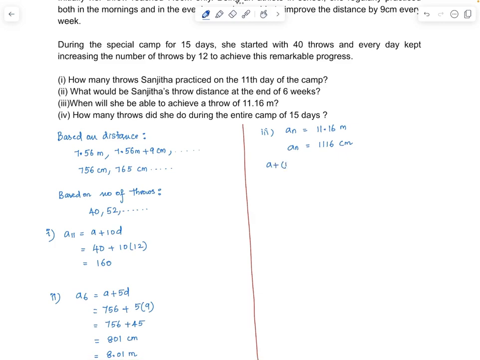An can be written as a plus n minus 1 times d, which is equal to 1116. a is 756 plus n minus 1 times d is 9. n minus 1 times 9 is equal to 360. n minus 1 is 40. n is equal to 41. That is, she will achieve 11.16 meter in the 41st week.